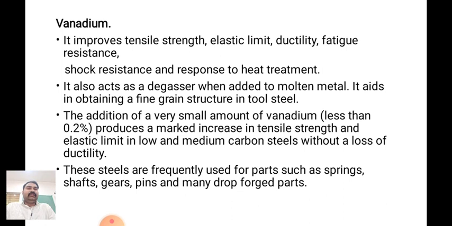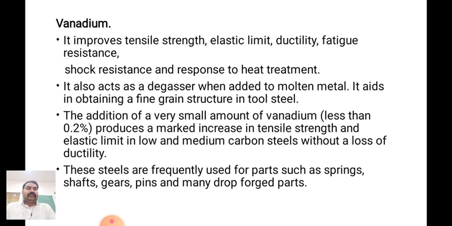Blowhole-like defects will be obtained in the casting. So in order to prevent those casting defects, the gas emission will be prevented. That's why vanadium acts as a degasser. Okay, and it aids in obtaining a fine grain structure in tool steel.